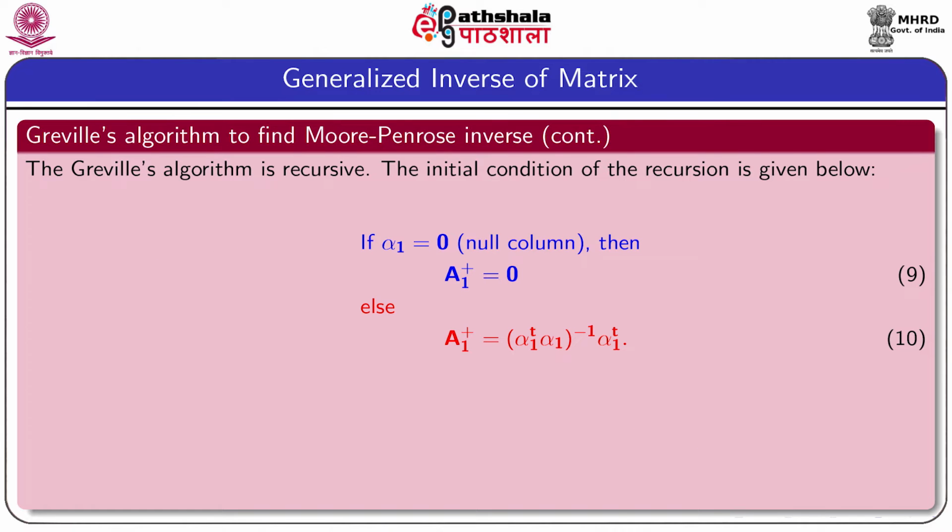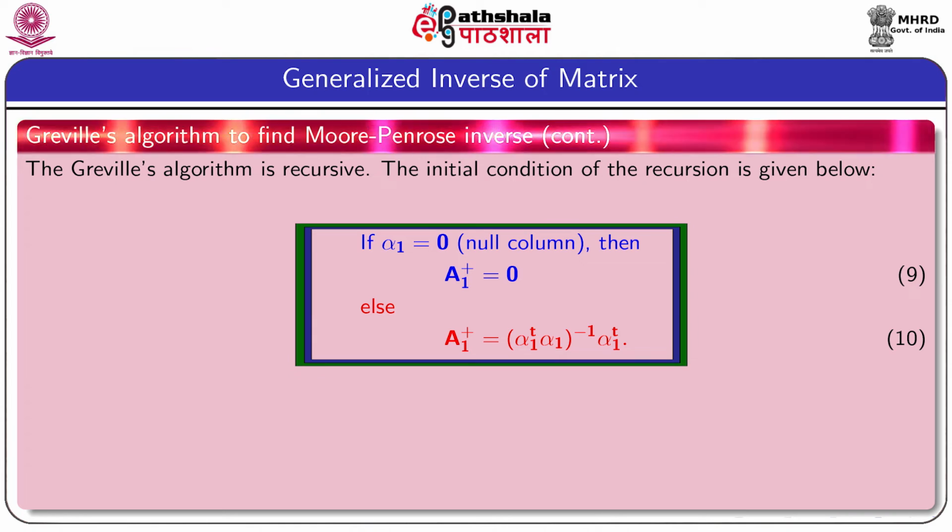Since Greville's algorithm is recursive, an initial condition is required to perform this algorithm. If alpha 1, that means the first column vector of the matrix, is 0, then A1 plus equal to 0.